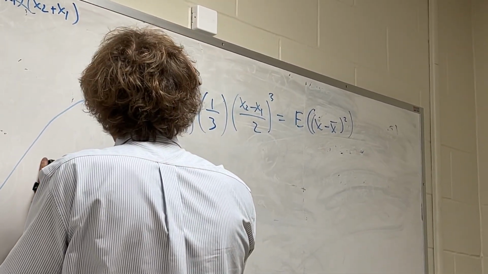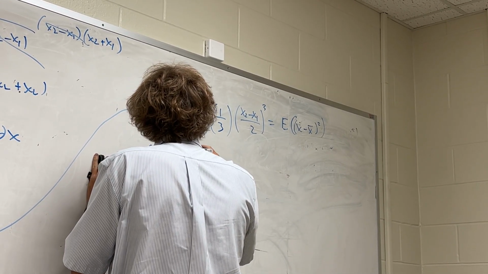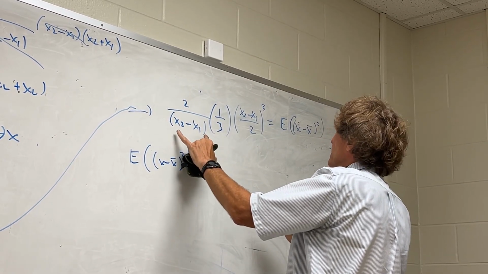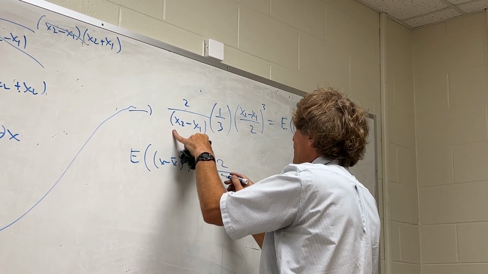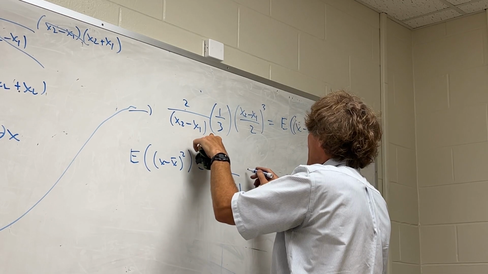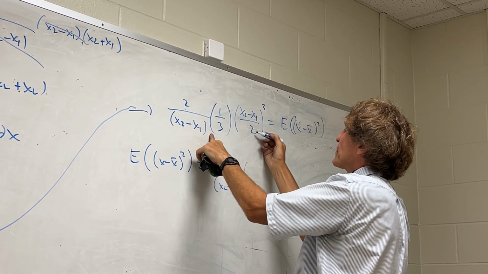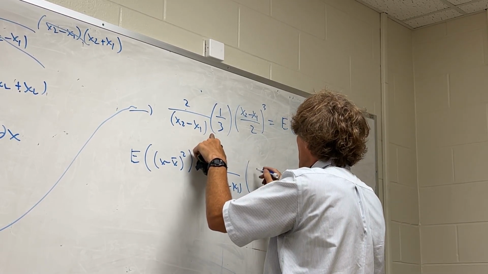So what is that expected value? Take a look. Just follow me on this. I have 2 over x2 minus x1. Then I have 1/3, but I have 1/2 cubed, which is 1/8. Do you agree with that, class?